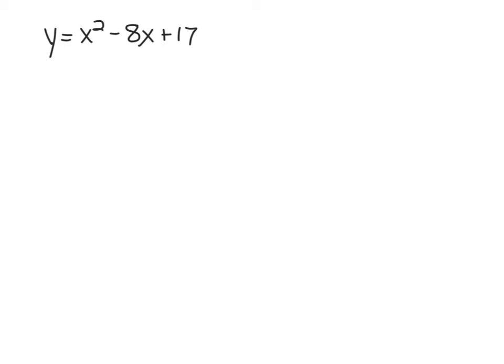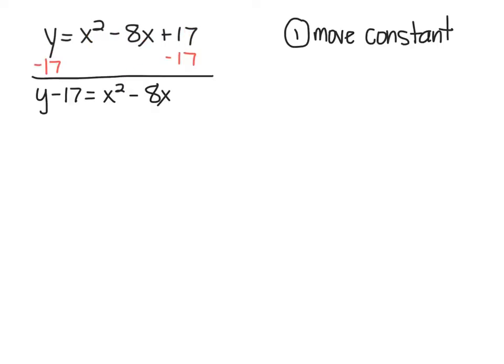The first thing you want to do is you want to move your constant away from the x's. So I'm going to move this constant to this side. The second thing I want to do is create a perfect square trinomial over here. Perfect square trinomial will give me a binomial squared. So in order to create a perfect square binomial, I'm going to take the b term and divide by 2.